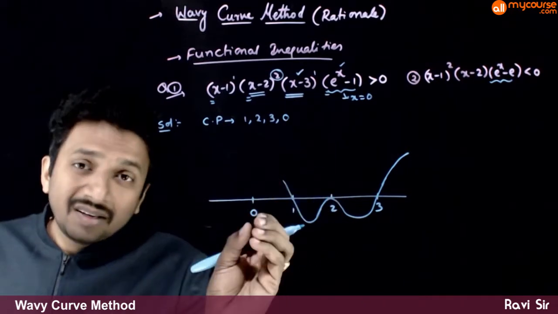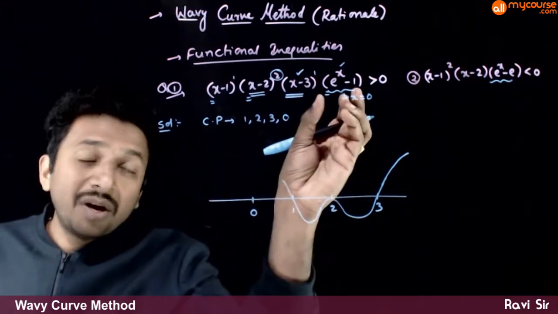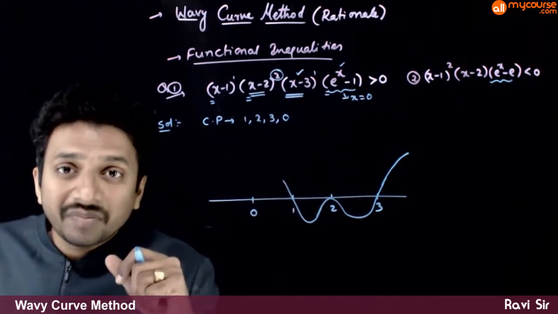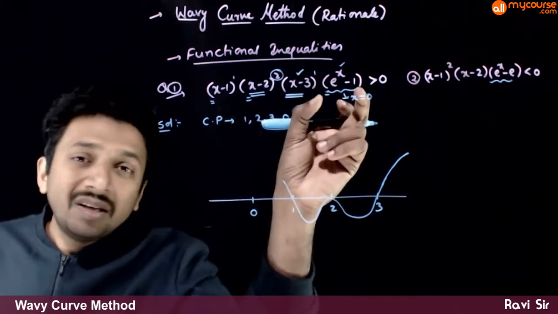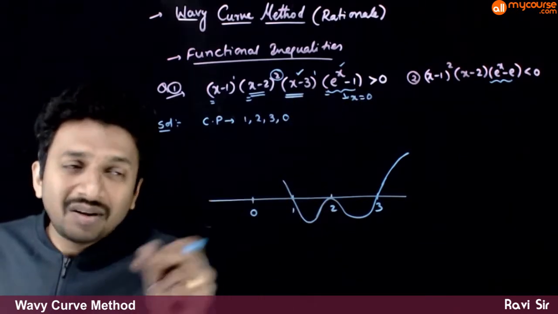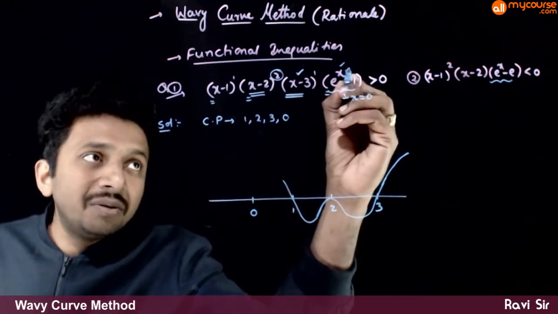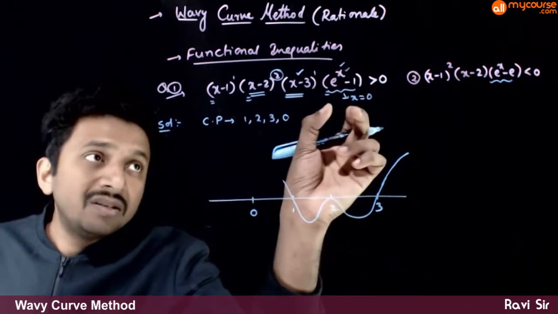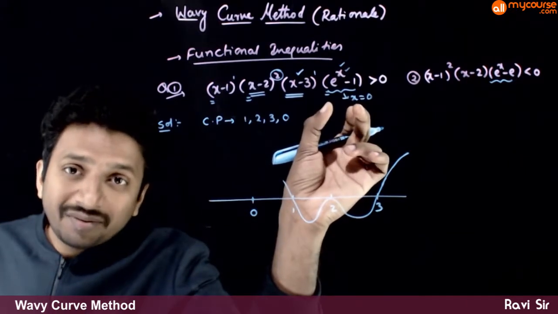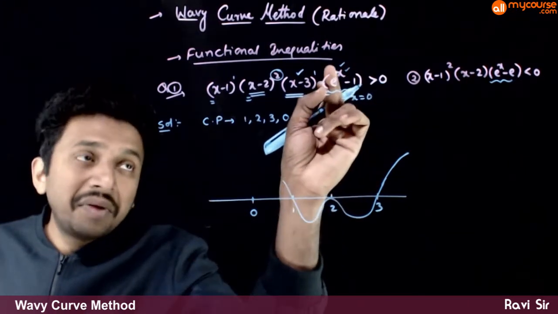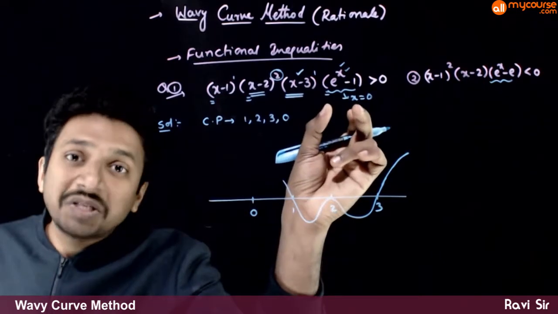You have x is equal to 0 as the critical point for e power x minus 1 is equal to 0. So you can just check what is happening to the sign of this on either side of 0. If x is greater than 0, e power x is greater than 1, so you have this number positive. If x is less than 0, you have this number less than 1, so this expression is becoming negative.